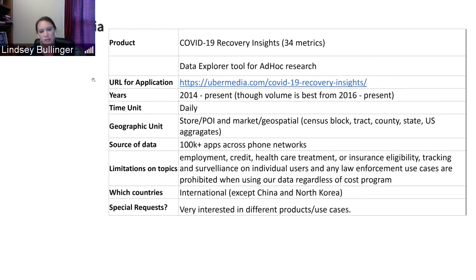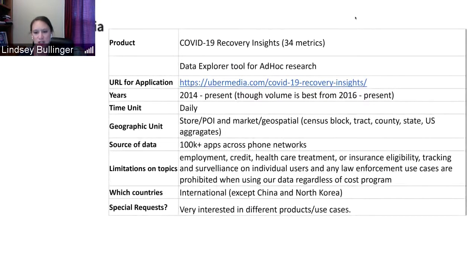They have data dating back to 2014, though it took a while to increase the number of devices that they're basing their information off of. And they really started this mostly as an advertisement campaign, not at all COVID related, right? This was 2014 when they started collecting these data.